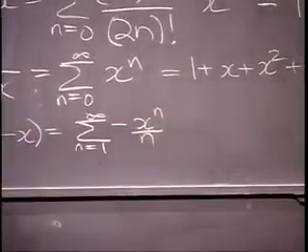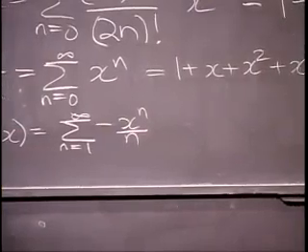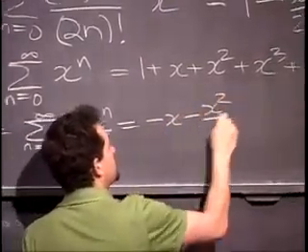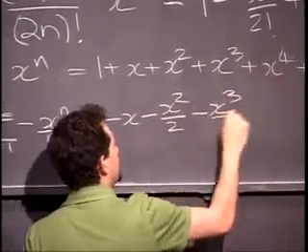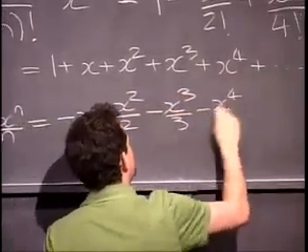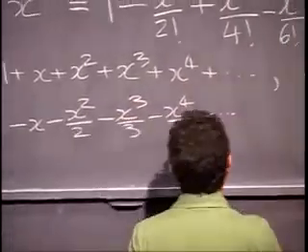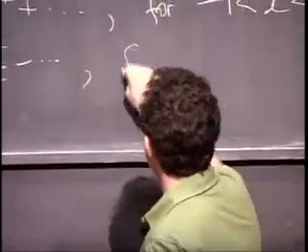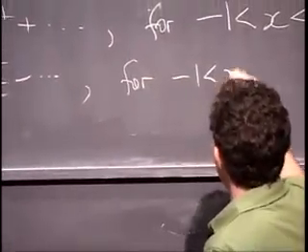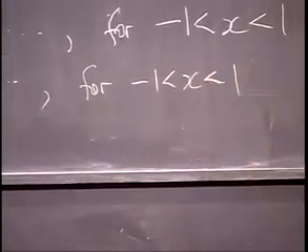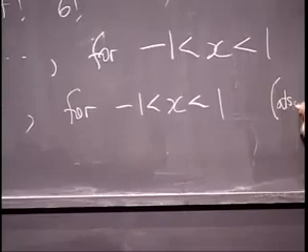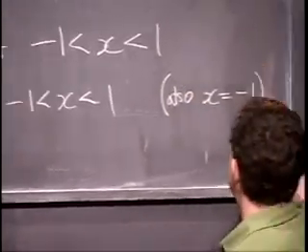Doesn't have a factorial, funnily enough. So this is minus x squared over 2, minus x cubed over 3, minus x to the 4th over 4, and so on. So they're all negatives, all the terms. And this is only true, again, for x between minus 1 and 1. Actually, it's true also for x equals negative 1. That's sort of weird.